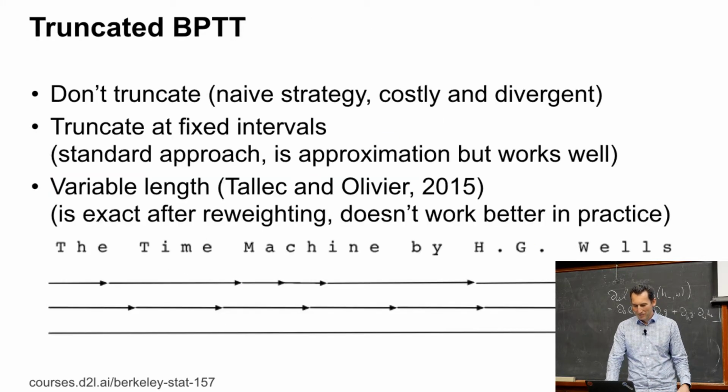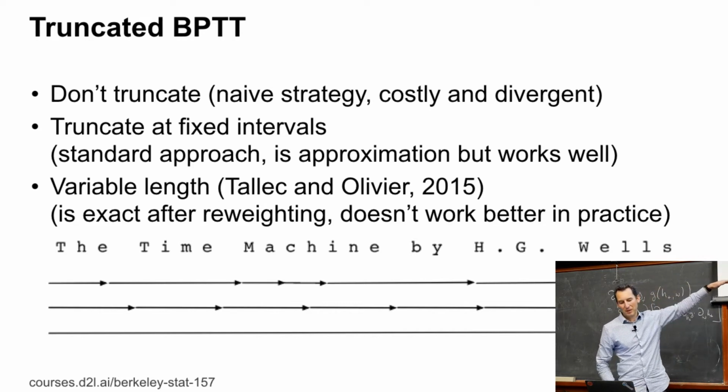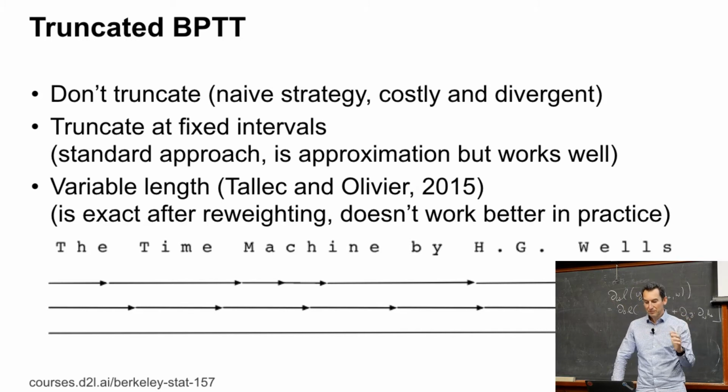So let's actually have a look at what this looks like in practice. If we have something like The Time Machine by H.G. Wells, what you could do is you could just take the entire chain, and that's the bottom arrow, and then I have to backprop through everything, and that's very expensive. Or I could truncate at fixed intervals, that's the middle line, and there it's an approximation, but it works really well in practice.